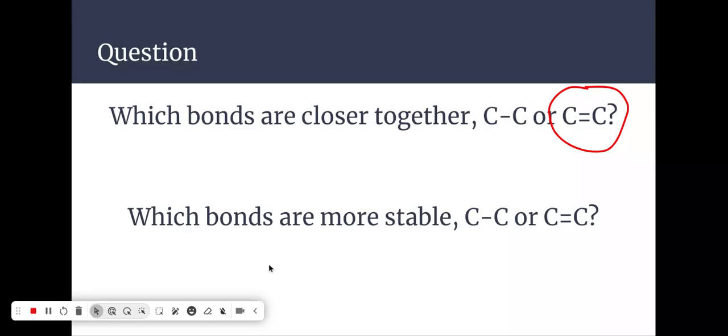And then next, which bonds are more stable? Carbons connected by a single bond or by a double bond? Once again, it's the double bond, because the double bond is stronger, so it's harder to break apart than the single bond, meaning it's more stable.